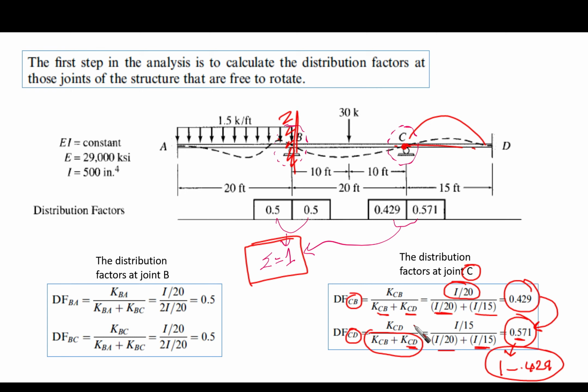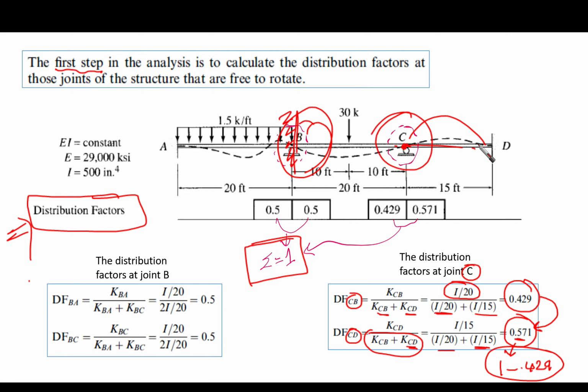Okay, that's it. So we now have the distribution factors for B and C, as you can see here, and then we can put them in our table. Take care, this is the first step in our table, to put the distribution factors related to the free joints.